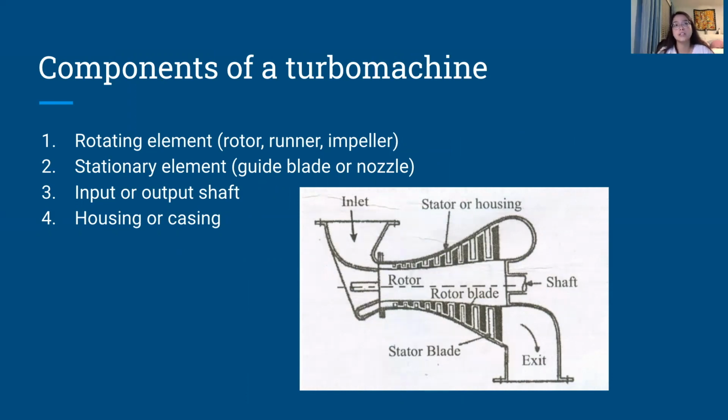The next part is a stationary element, which is a nozzle, and the nozzle serves to change the flow of the fluid within the system. There's also the input and output shaft, seen as the inlet and exit in the diagram, and that's where the fluid enters. And that's all encompassed by a housing or casing that encompasses a turbo machine.